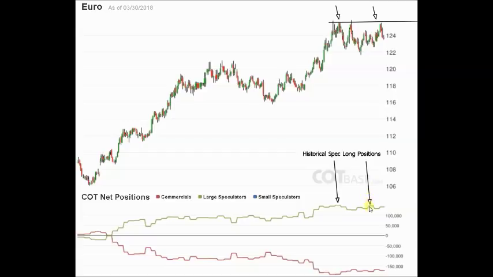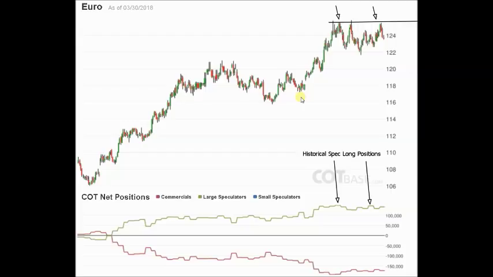Then here they go back to historical net long position, try and force the price up through this level here, come back down. Now, the commercials obviously still heavily short against them, but they build up that second historical speculative extreme.